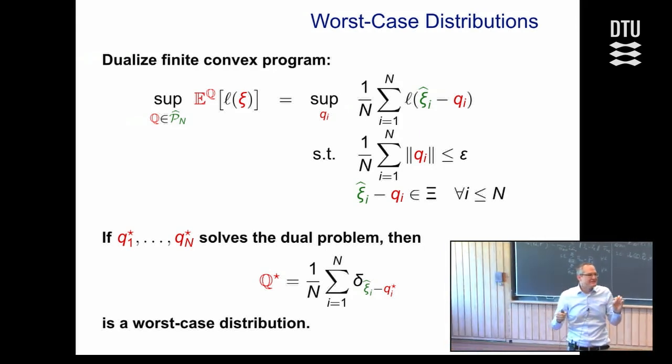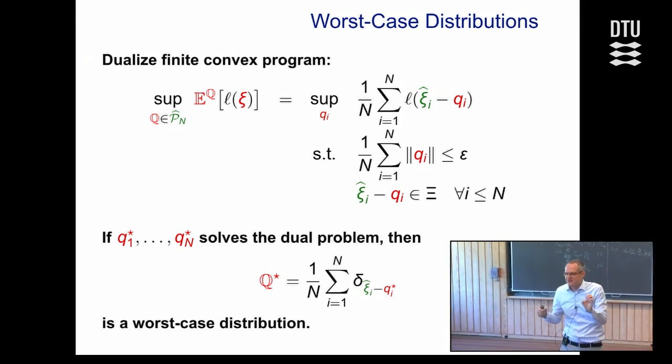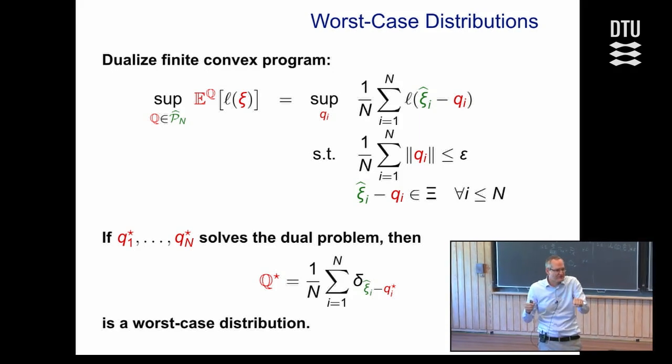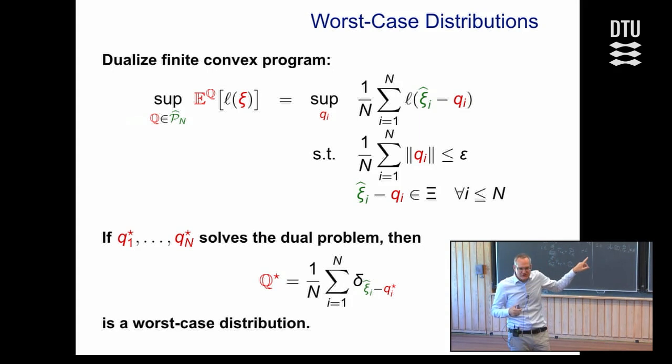You only look at discrete distributions on Xi that have as many discretization points as the empirical distribution, so capital N, and which assign to each discretization point the same probability 1 over N. Okay? So this is a very interesting structural insight.